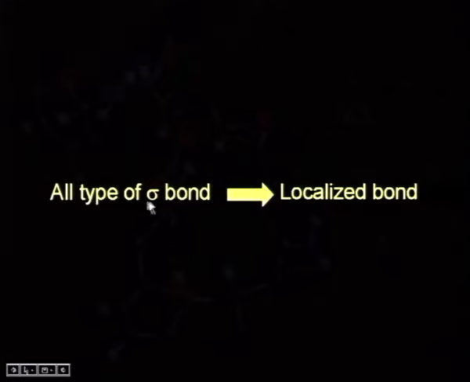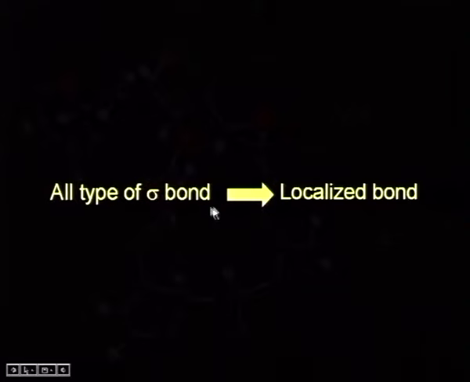We know that all types of sigma bond fall under the category of localized bond. Why? Because in case of a sigma bond, direct axial overlapping takes place, so electrons remain between the participating atoms only.